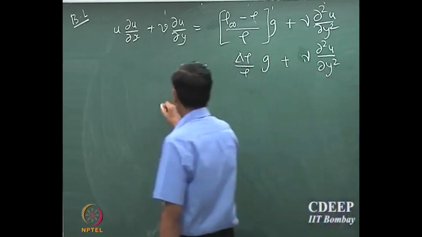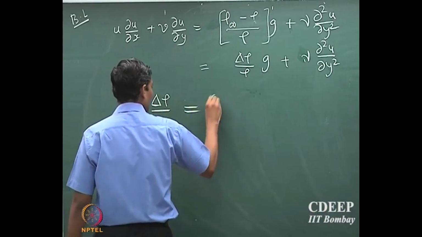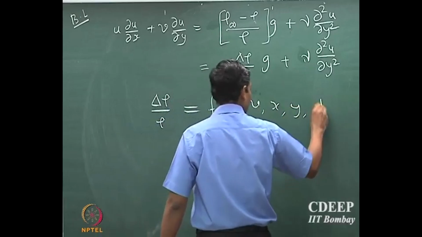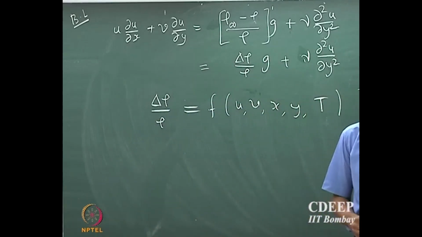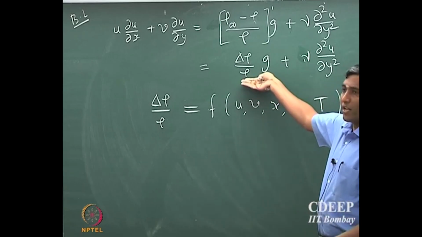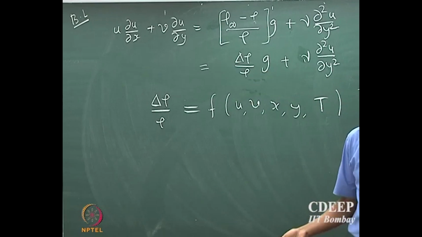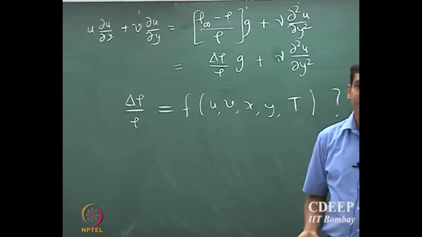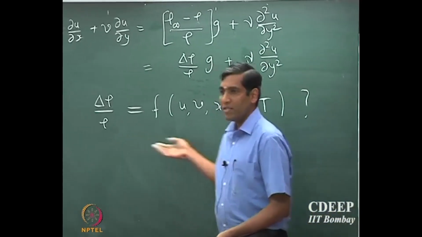So what is the relationship between delta rho by rho and u, v, x, y, temperature, etc. So that is the new variable or new body force term that we did not see so far in all the convection topics that you start seeing in natural convection. Okay. So any thoughts on how do we find this?